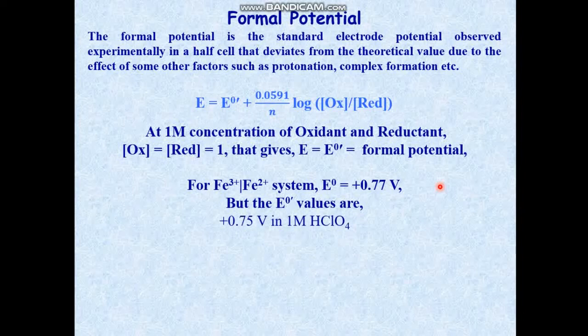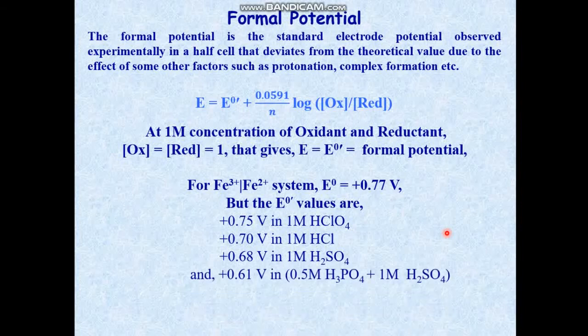In 1 molar perchloric acid, this value decreases by 0.02 volt, from plus 0.77 volt to plus 0.75 volt. In presence of 1 molar hydrochloric acid, it decreases more, to plus 0.70 volt. In presence of 1 molar sulfuric acid, it becomes plus 0.68 volt, and if you take an acid mixture containing half molar phosphoric acid and 1 molar sulfuric acid, it decreases to its least value, plus 0.61 volt.